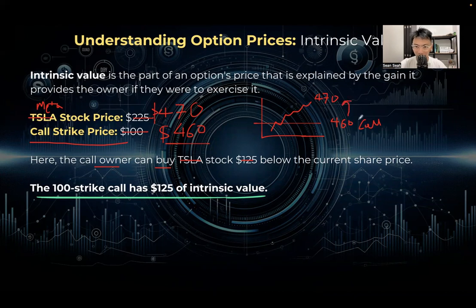And this particular process of the stock transaction makes us $10. Does it make sense? So this $10 is what is known as intrinsic value. Intrinsic value, in short, basically tells us if we exercise the option right now, how much money do we make? That money is called intrinsic value. Got it? So this 460 strike has an intrinsic value of $10 right now.